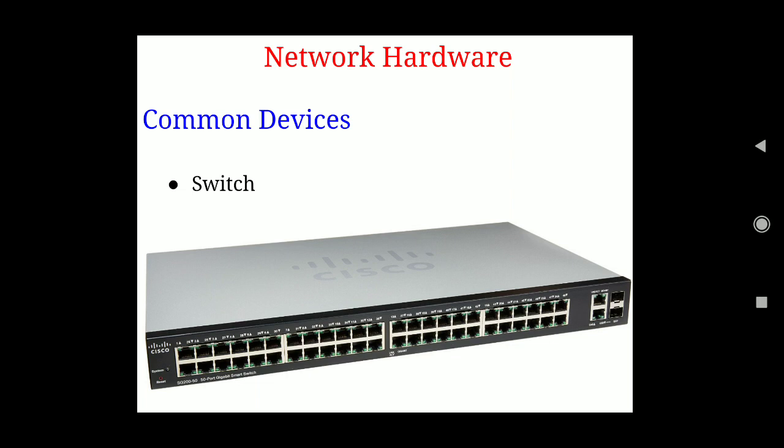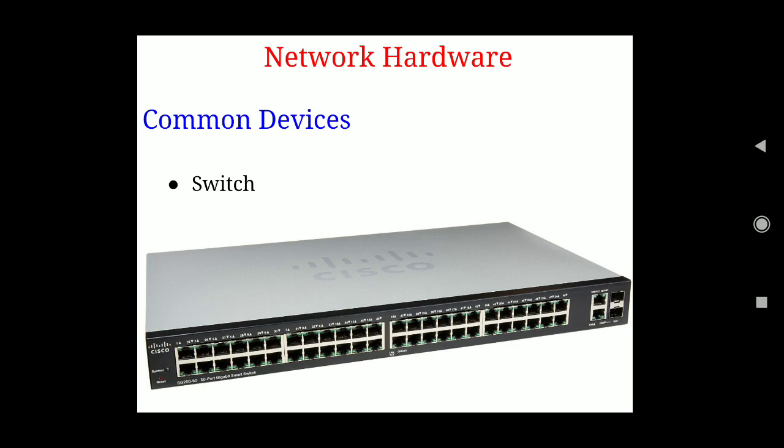Now a switch is intelligent in the sense that it is able to identify where the signal is to be sent. It can identify the sender and the recipient. If a sender wants to send a signal to a particular machine, then the switch will be able to transmit that signal to that particular recipient, sending the message in a way that the recipient can be identified.